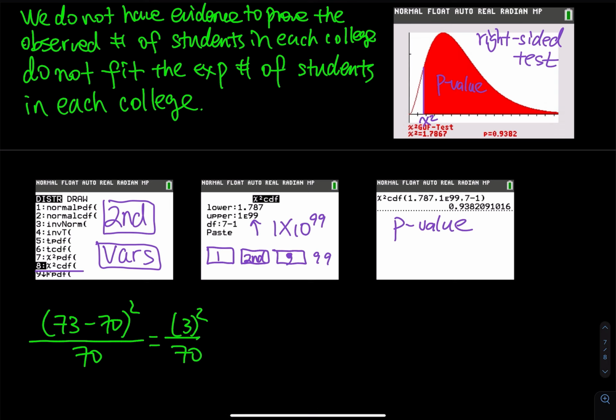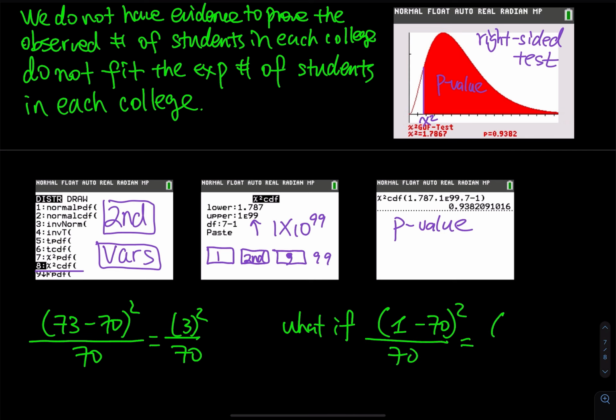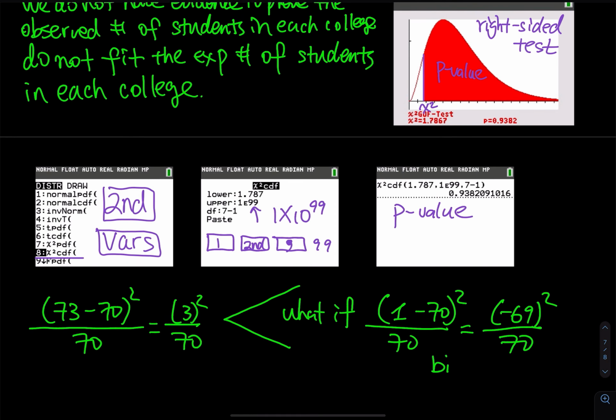So what if, just a what if, the observed is 1 and the expected is 70. Which fraction is bigger? This one is negative 69 squared divided by 70, so this will be a big fraction. And this will be a small fraction.